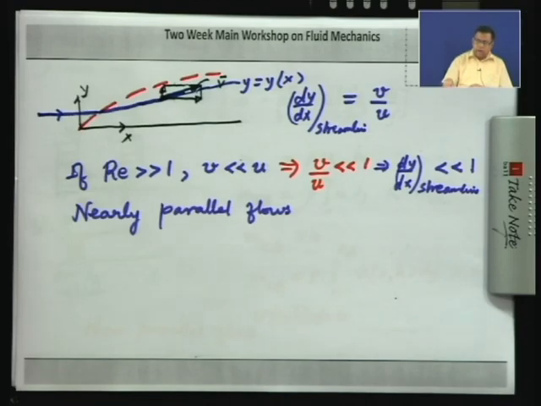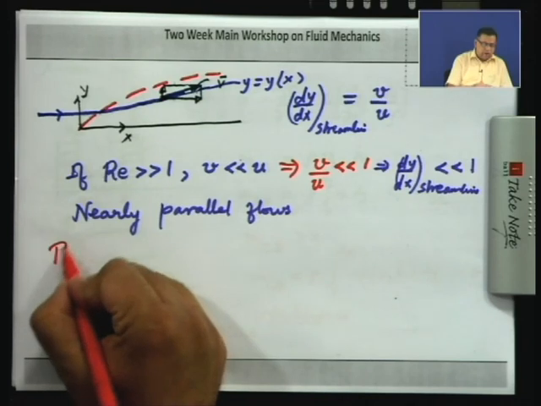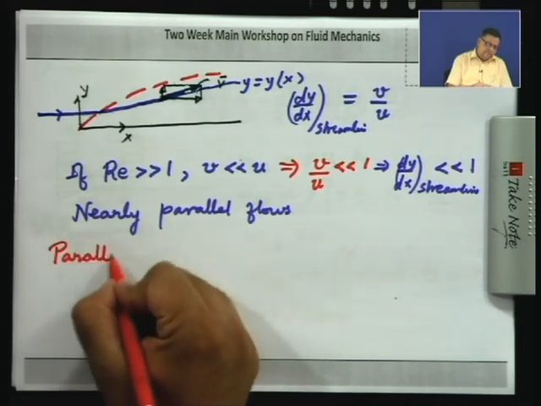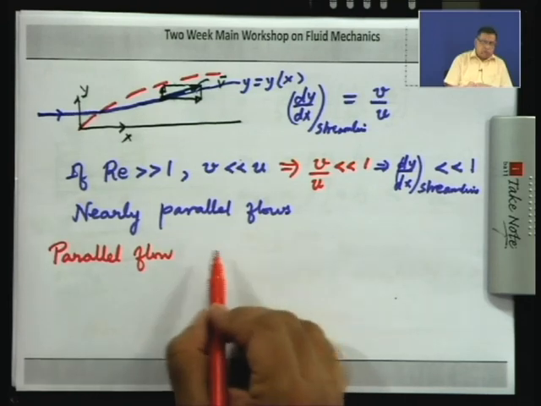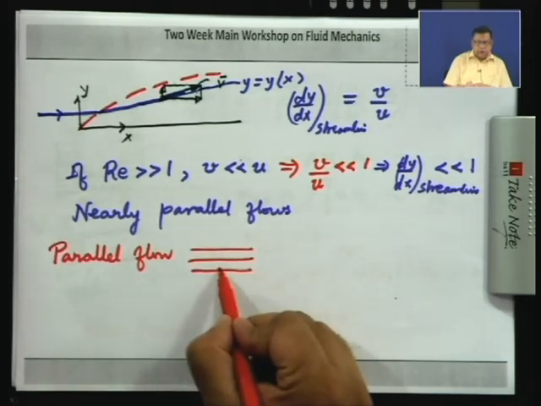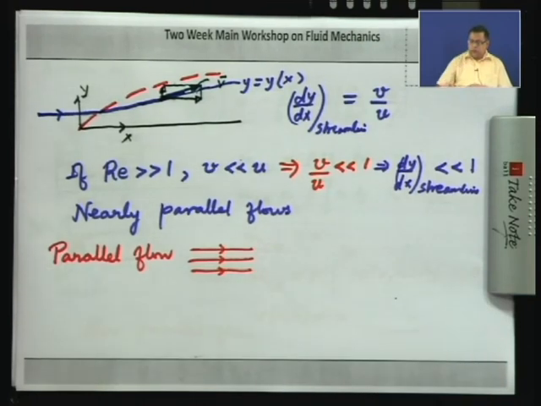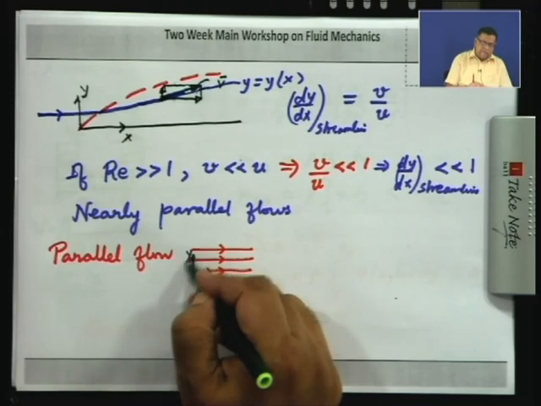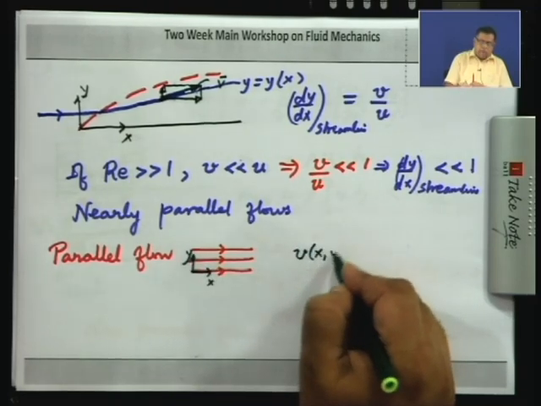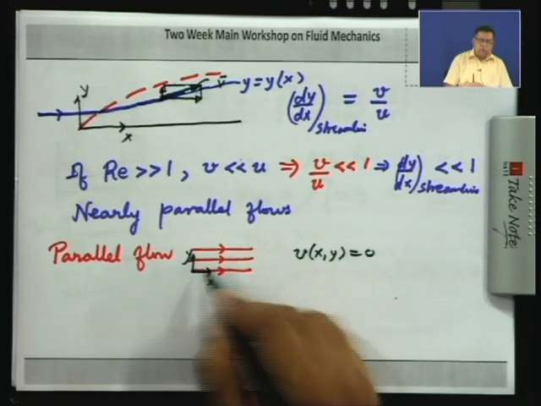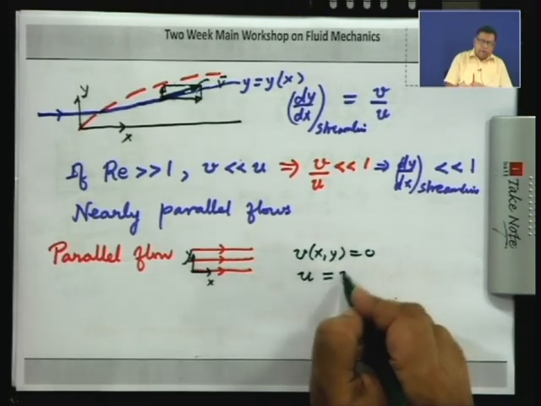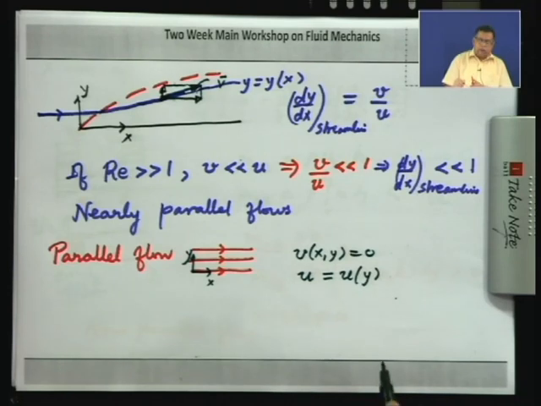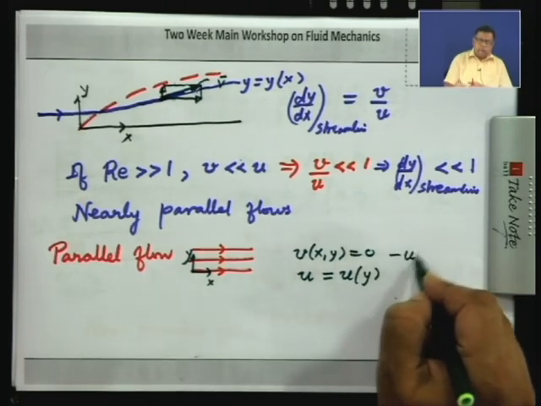If you had a parallel flow, which was discussed yesterday, so had the streamlines been parallel, for incompressible flows which are steady, you can show that if I say this is the x direction and this is the y direction, your V of x, y will be 0 everywhere according to this coordinate system, and u will be a function of y only. So, these are what we call unidirectional flows.